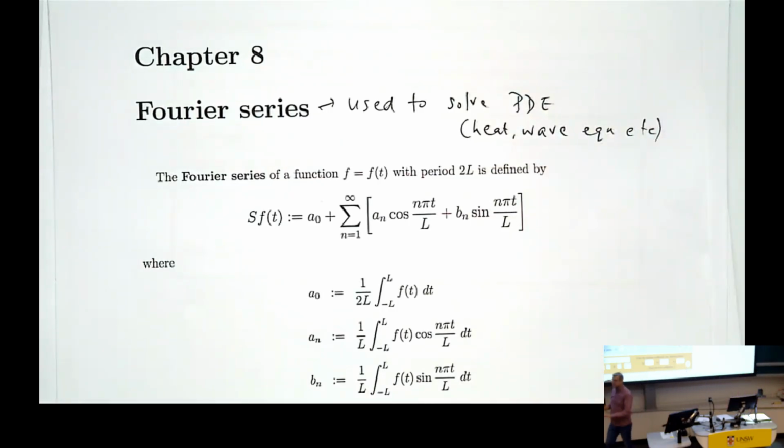So we'll look at some partial differential equations like the heat equation, so you have the flow of heat. We'll look at the wave equation, which is the movement of waves, and maybe a few other ones as well, but they're the main ones.